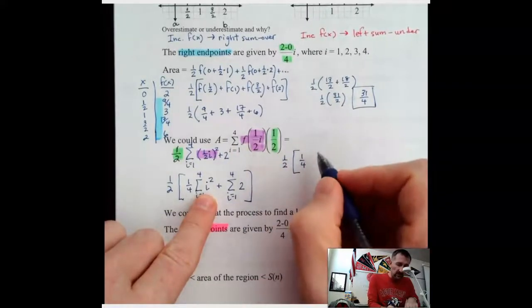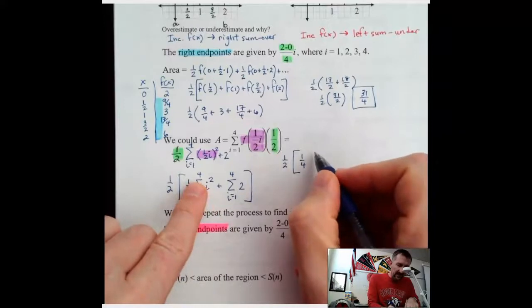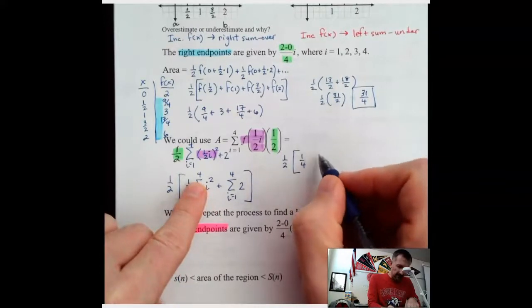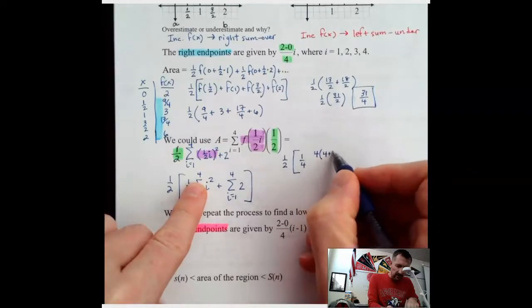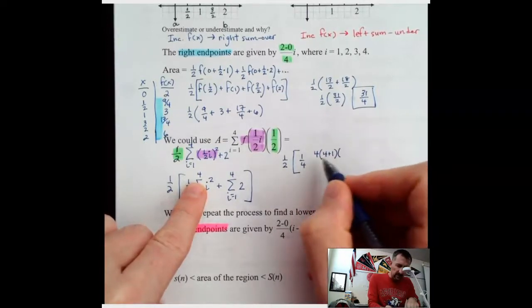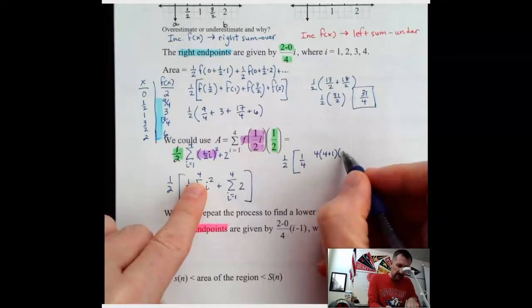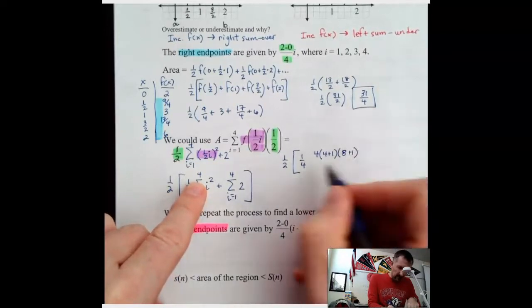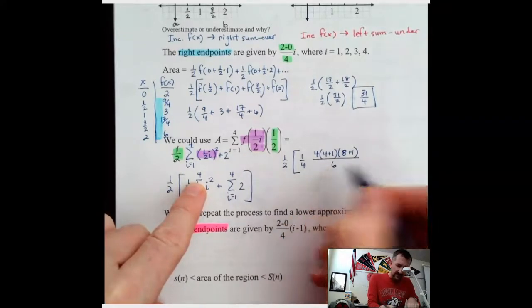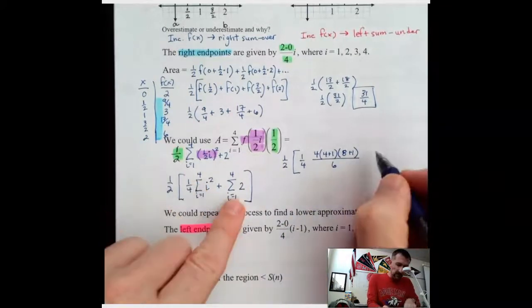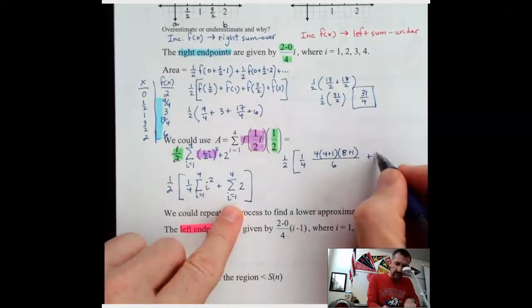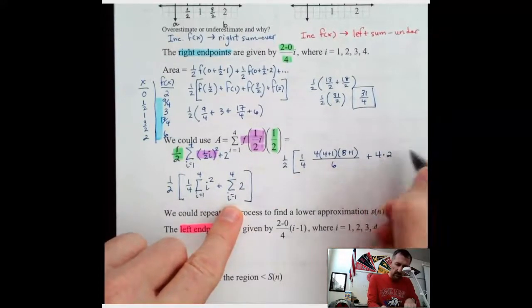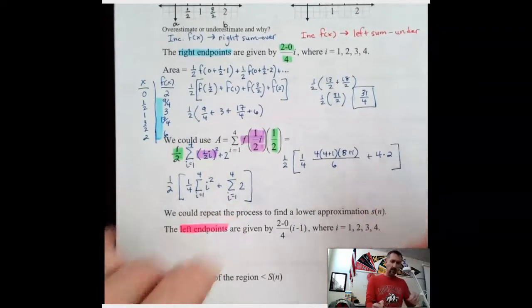So the middle formula was n times n plus 1 times 2n plus 1 over 6. And then this formula was that times the constant, so 4 times 2. All right?